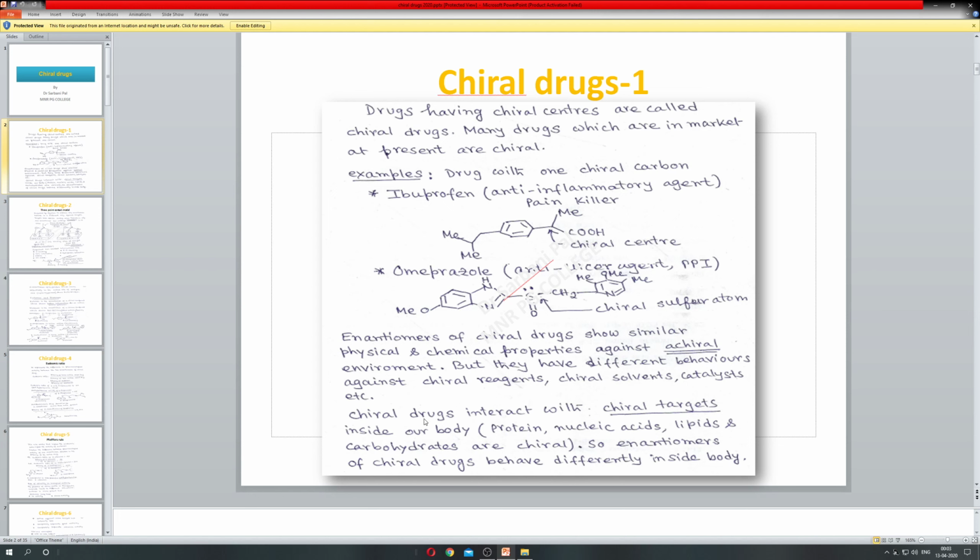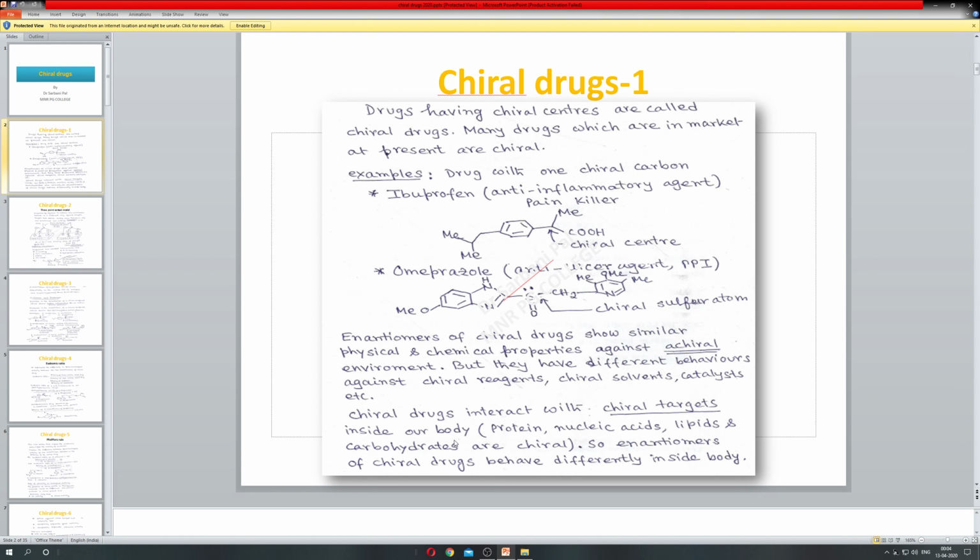So that is the basis of why the pair of enantiomers of chiral drugs behave in a different way inside our body, because inside our body we have chiral targets. These chiral targets are proteins, nucleic acids, lipids and carbohydrates.